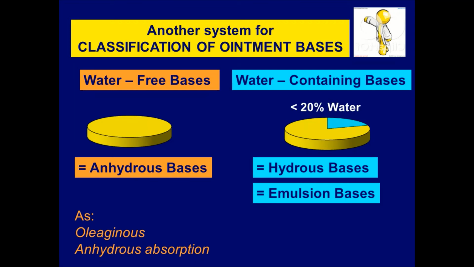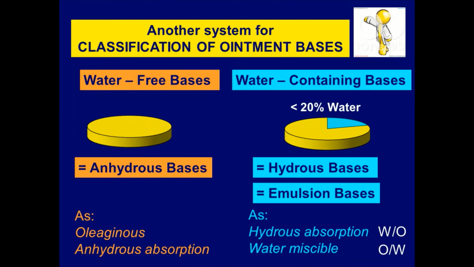An example of water-containing bases or hydrous bases or emulsion bases are hydrous absorption base, which is water in oil emulsion, and water miscible base, which is an oil in water emulsion. This system of classification, in fact, will help us in choosing the method to prepare our ointment base.